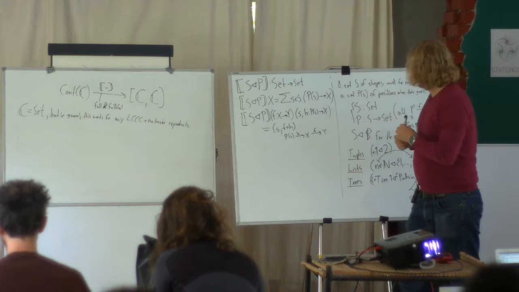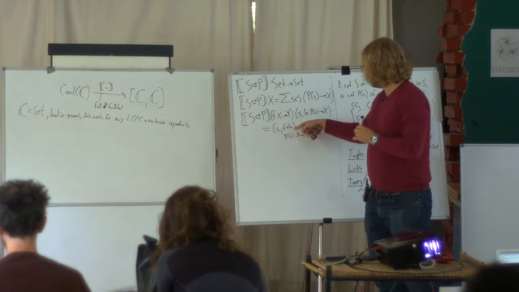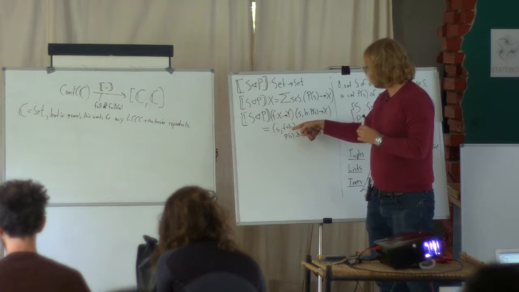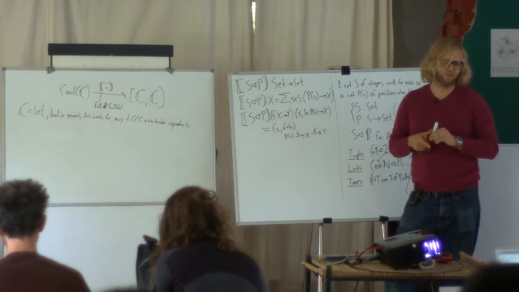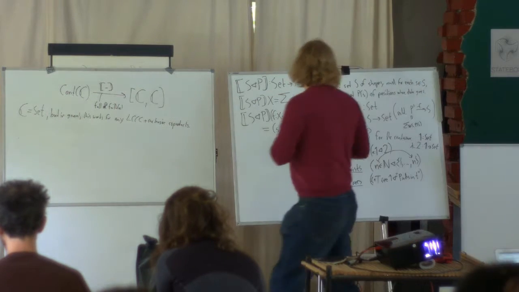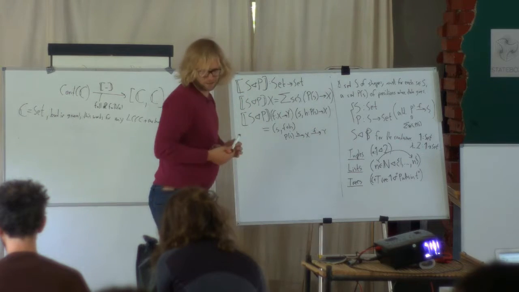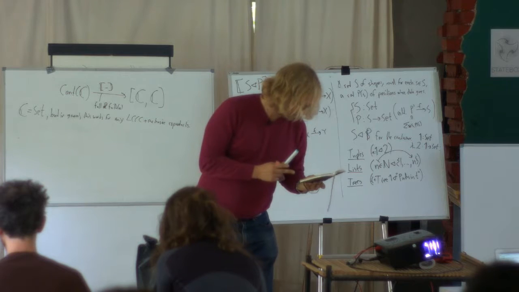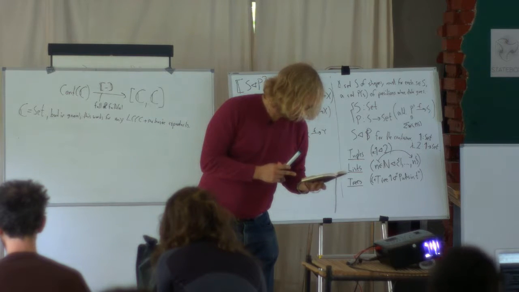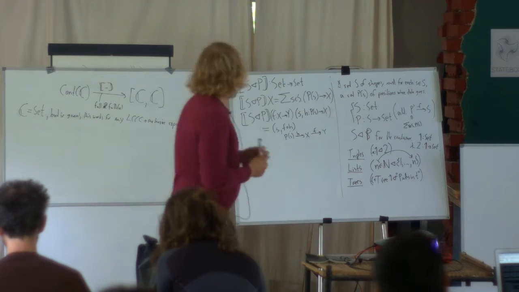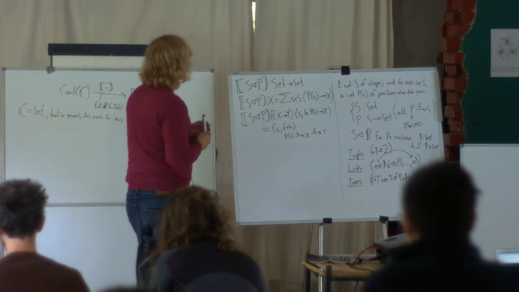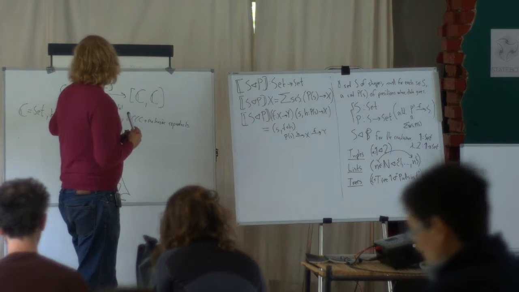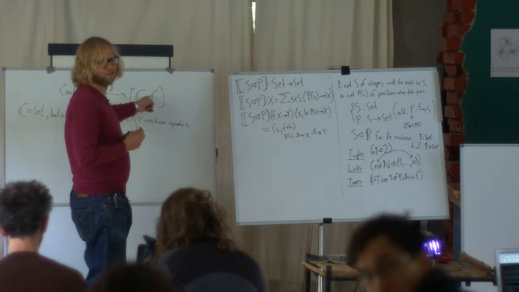Okay. And this is obviously associative and has a unit, because it's morally just function composition. So that's fine. Okay, so what about morphisms? So we want morphisms here to represent natural transformations here.